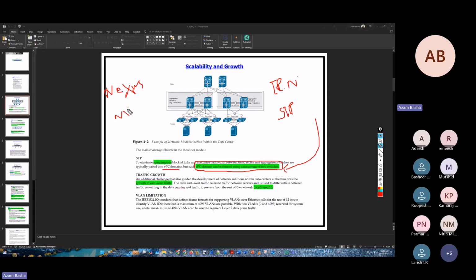Nexus runs NX-OS, and vPC is supported only on Nexus. vPC is not supported on a 9000 series switch, which is the latest one from Cisco. vPC is only supported on your NX-OS.